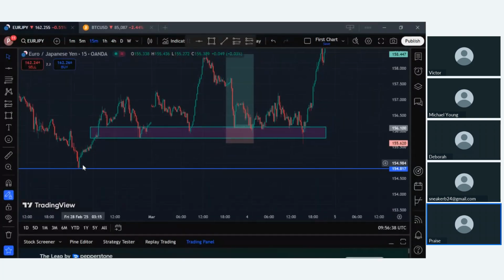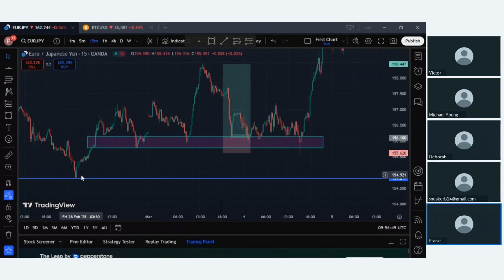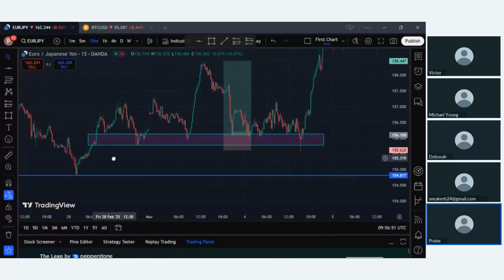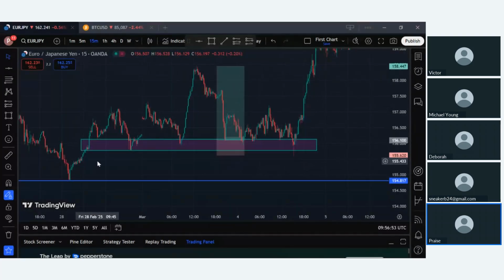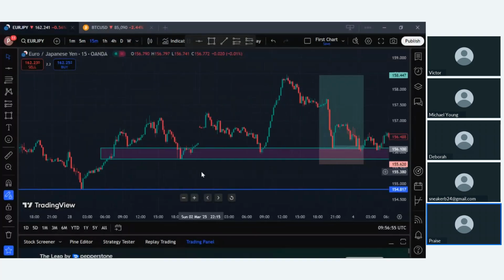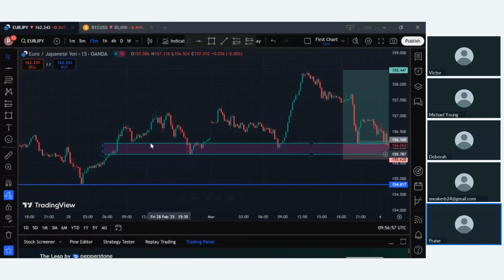We also want to check in between this move, do we have any kind of supply or demand in this area? If we have a supply or a demand zone in this area, then that is the point we want to wait for the market at, not this resistance.